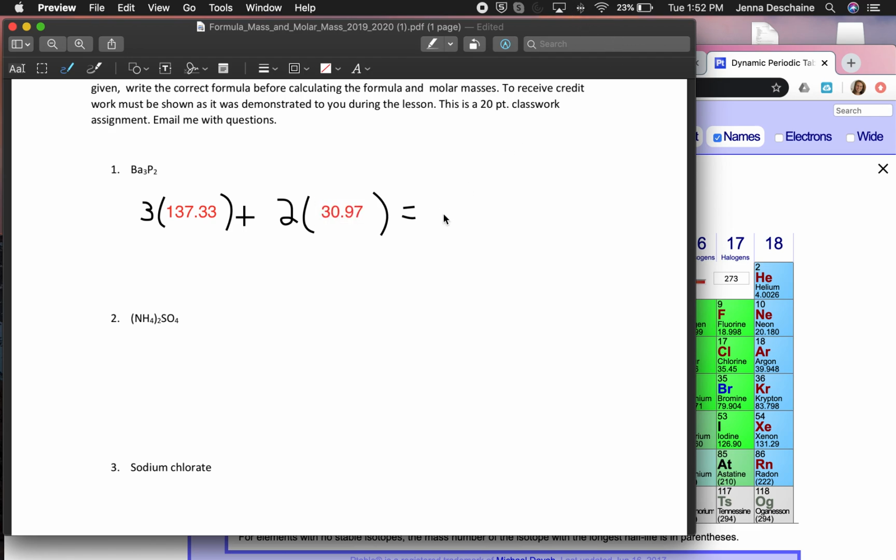All right, so if I do the math real quick, 137.33 times 3 is 411.99, and that's going to be plus 2 times 30.97, which is 61.94.